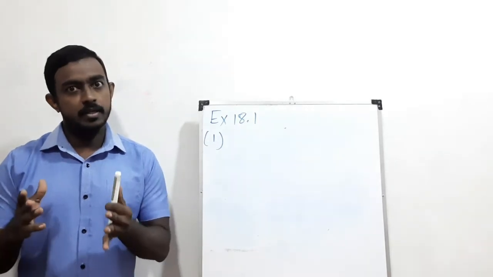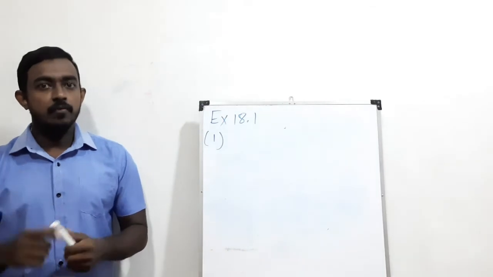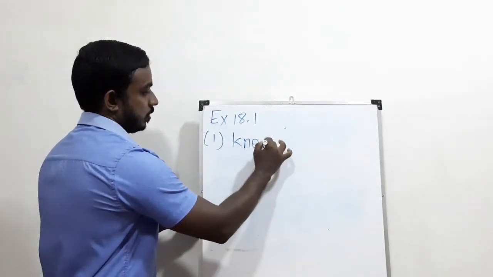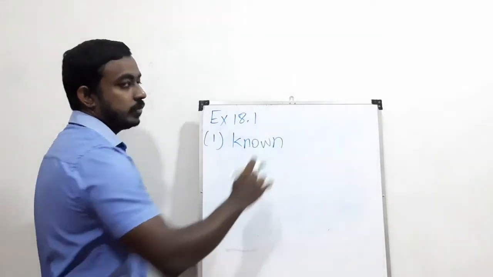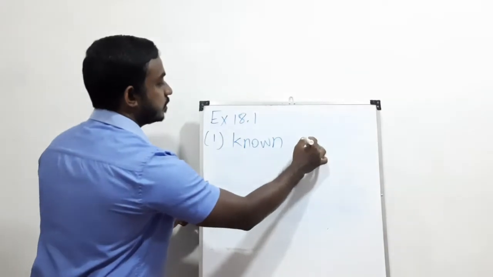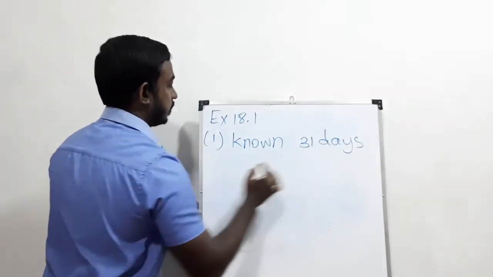Yes, we know an exact amount. Therefore, that is a known. And we can write 31 days for the month of January.